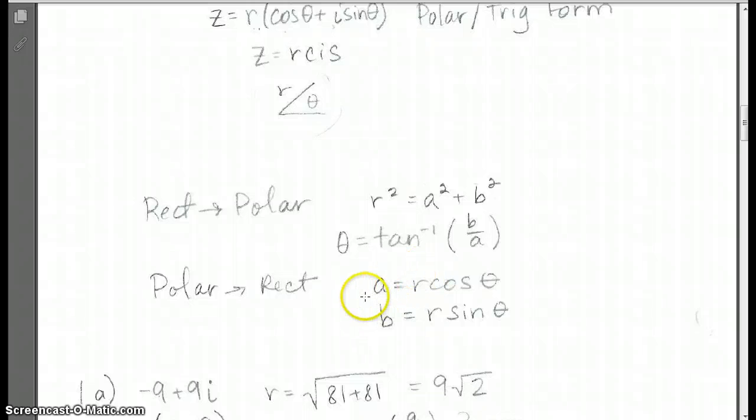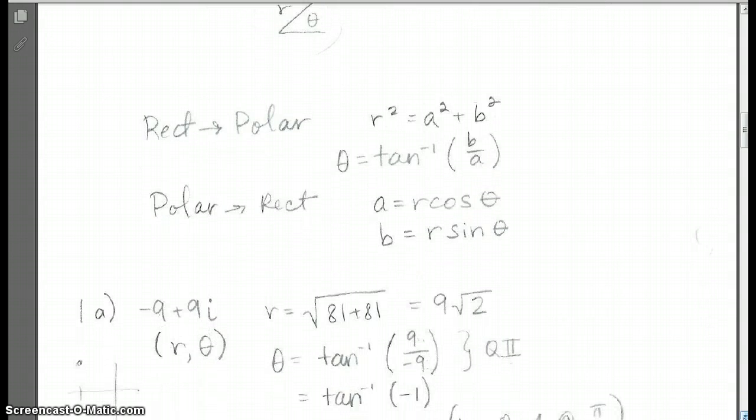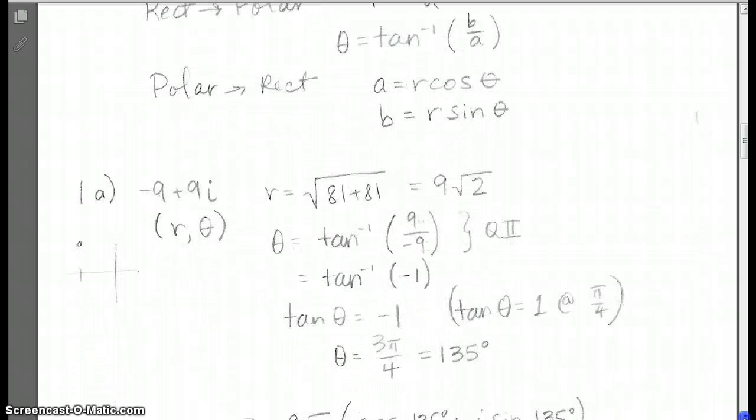And if I want to convert from the polar back to the complex form in the rectangular, then we use a, b. The signs are very important here.